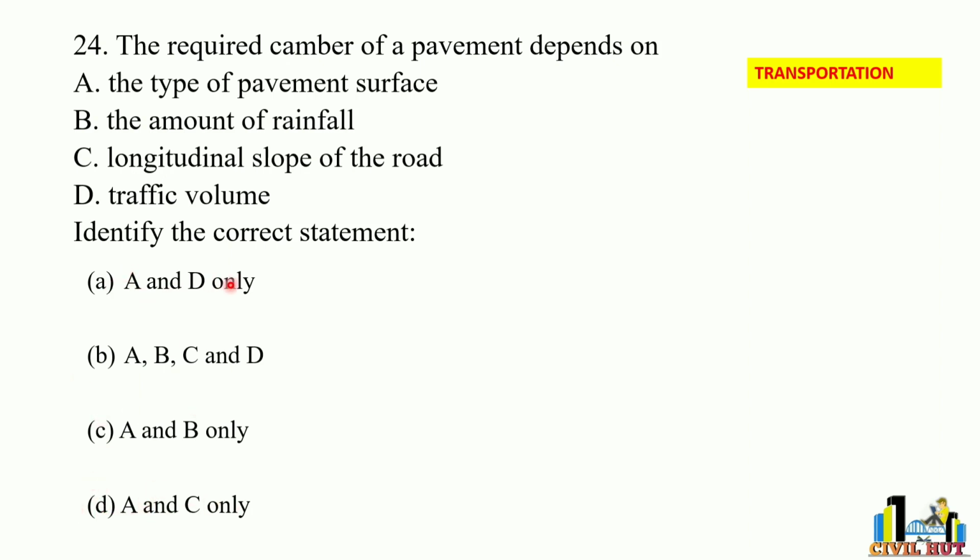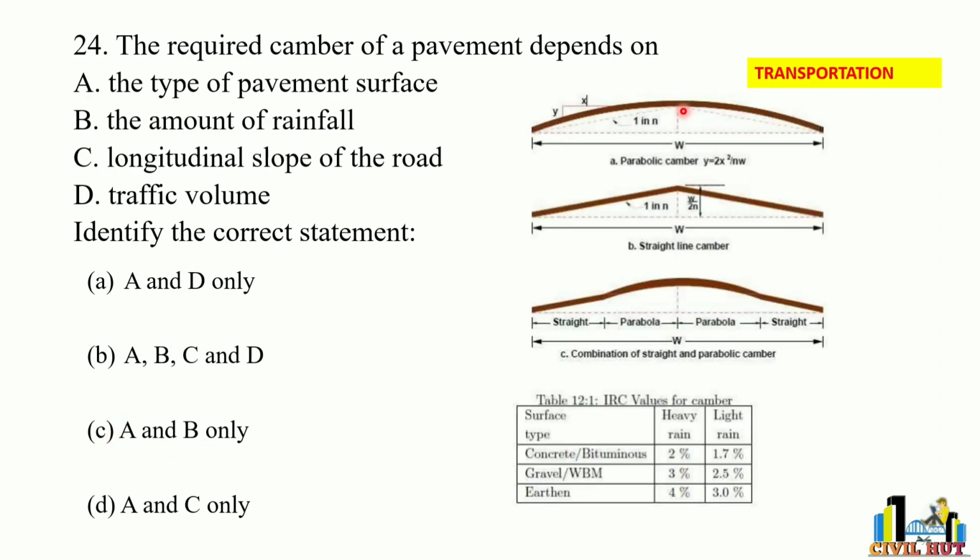We are left with the options that combine A and D, and A and B. Camber can be parabolic, straight line, or a combination of straight and parabolic. As per IRC values, camber is provided for different roads: concrete or bituminous surfaces, gravel and WBM, and earthen. It is based on heavy rainfall and light rainfall.